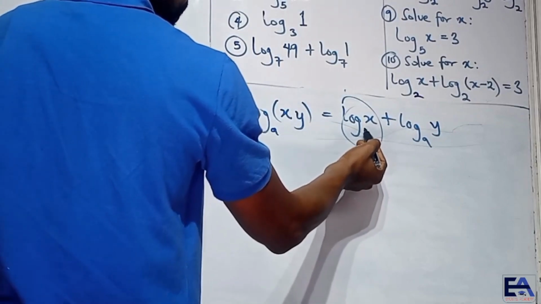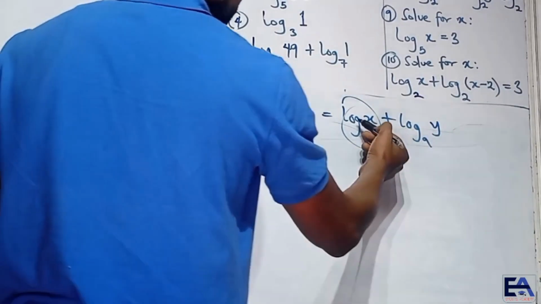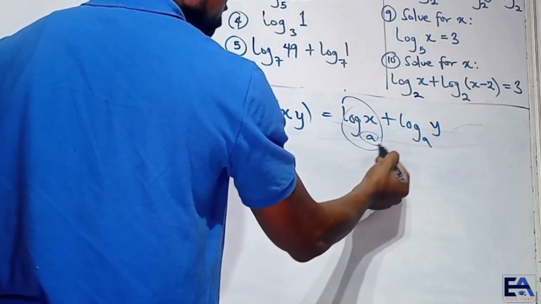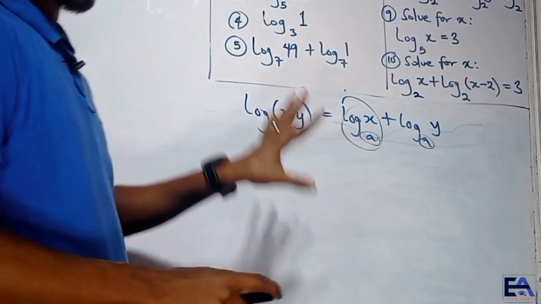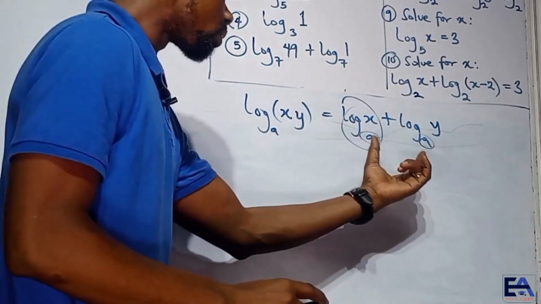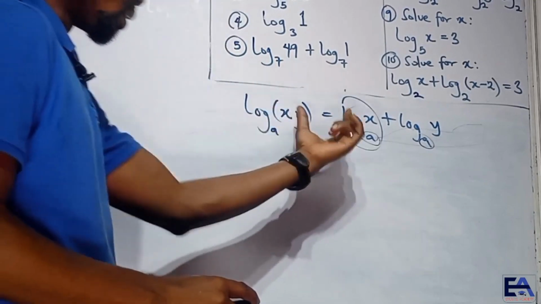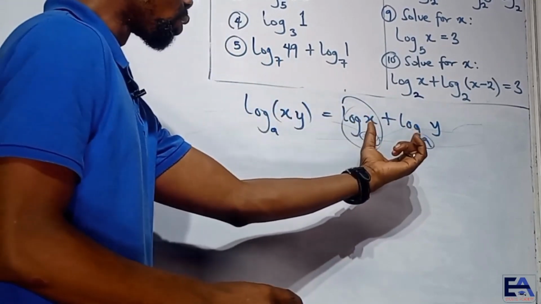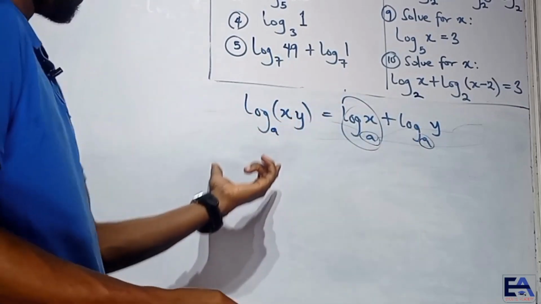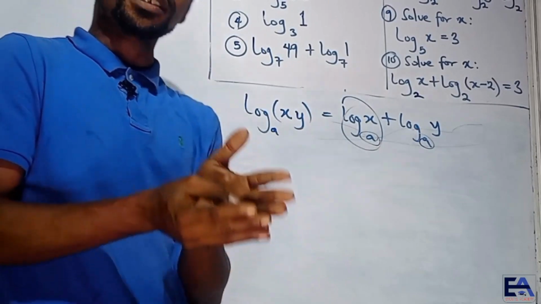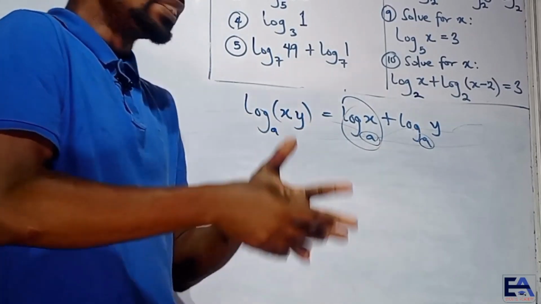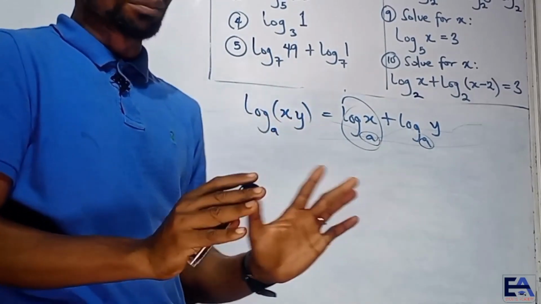This one is a common log. Like log x to base a, both of them have a common base. In this case, you could reverse the whole process. You could make this one equal to this if the situation needs you to do that. It is very much allowed.